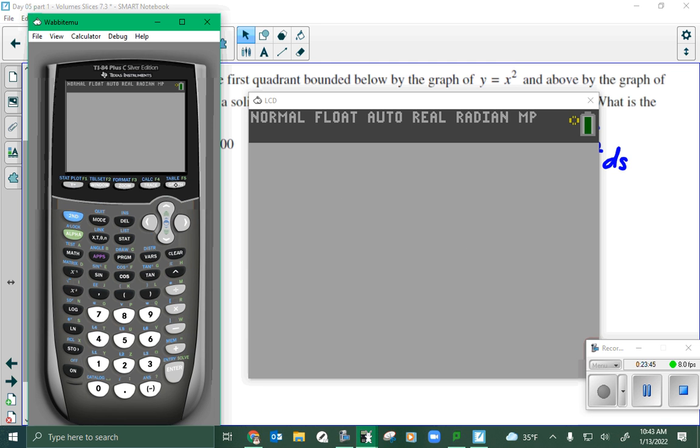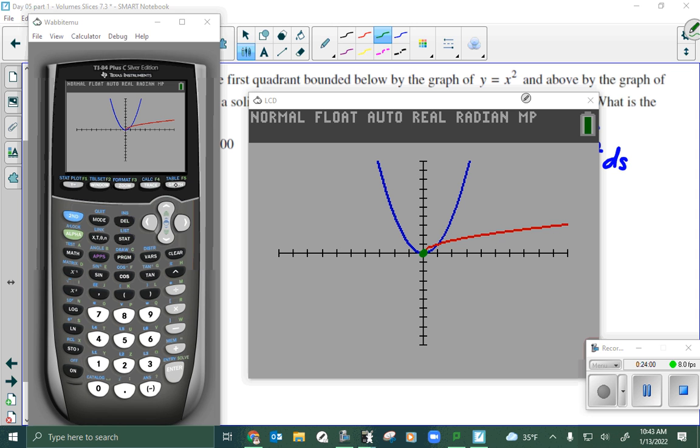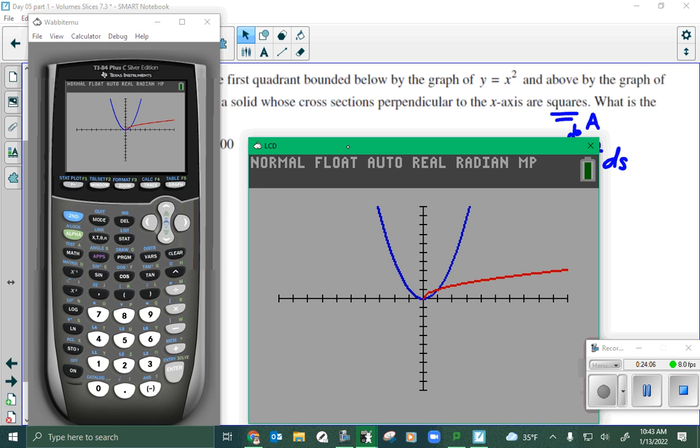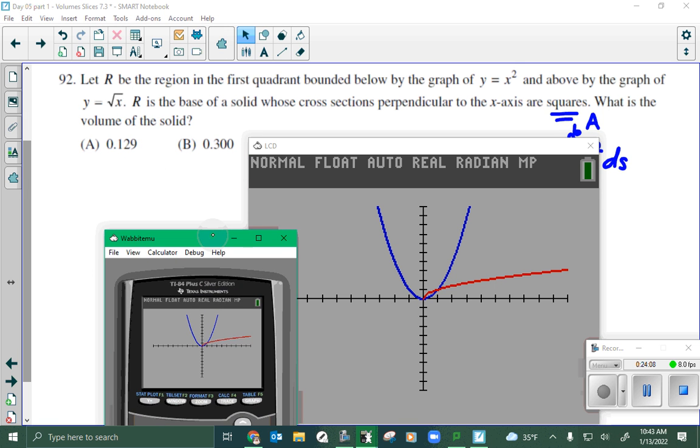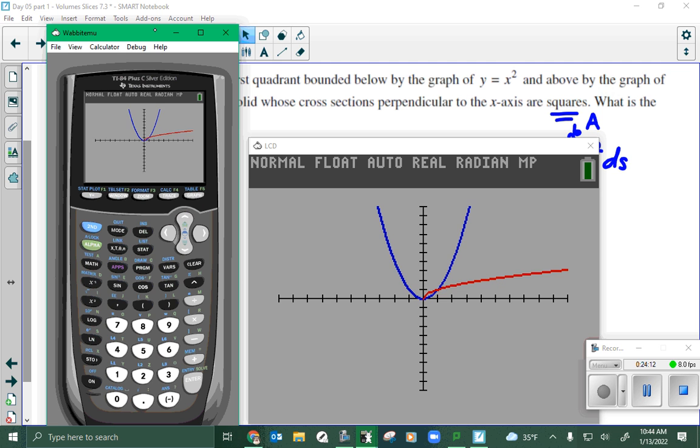Now, if I graph these two things right now, here's x squared, and here's the square root of x. These things only cross or touch at 2 points, at the origin and right here at 1, 1. So I'm going to zoom into that area so we get a better view of it, okay? And besides, it tells us in the problem, the region in the first quadrant. So I don't care about any other quadrant, okay? So let's do a zoom.